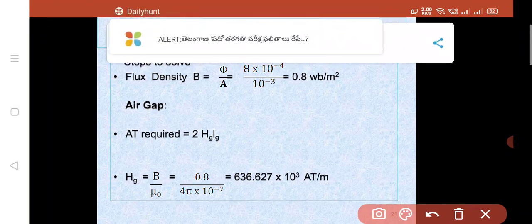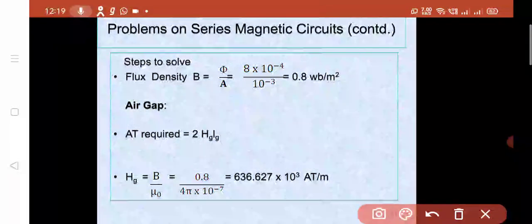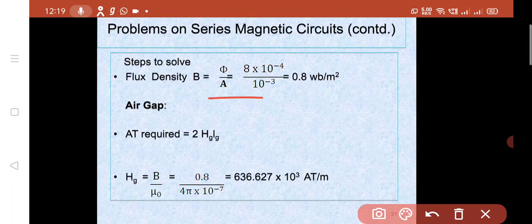Okay, solve the problem. Flux density B is equal to phi by A. This is the phi value, 8 into 10 to the power of minus 4, divided by the area, 10 to the power of minus 3, so 0.8 Weber per meter square. For the air gap, ampere turns required is 2 into HG into LG.